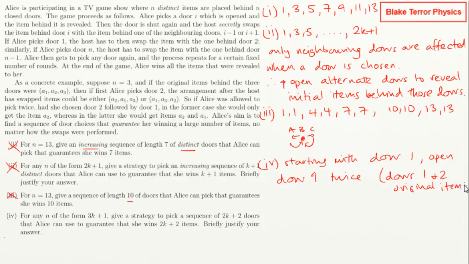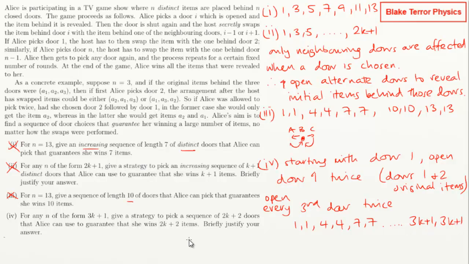And then we want to say that we're going to open every third door twice. So yeah, we're going to get 1, 1, 4, 4, 7, 7, dot, dot, dot, up to 3k plus 1, 3k plus 1.